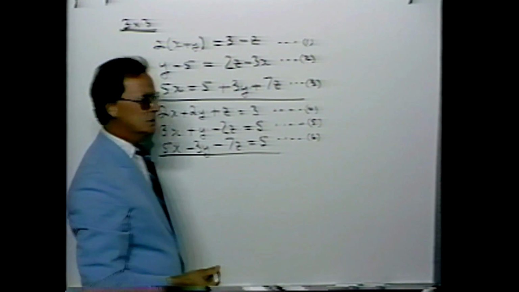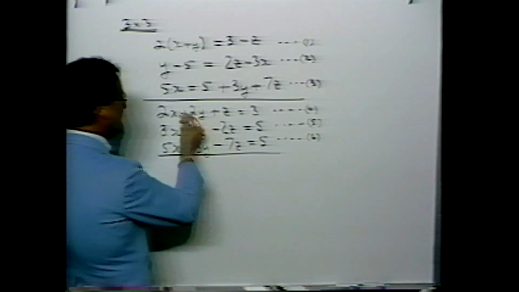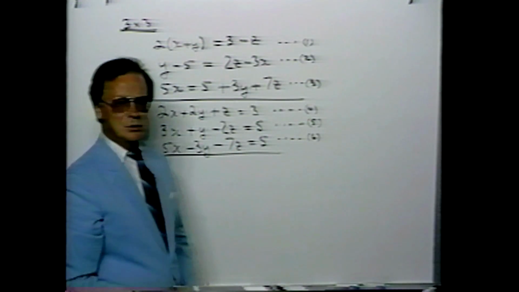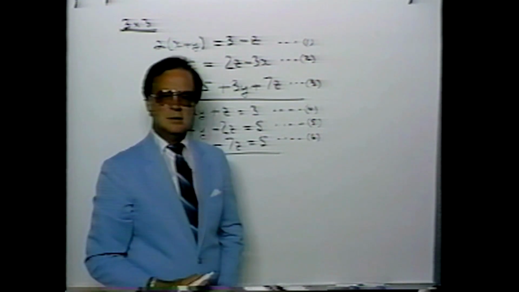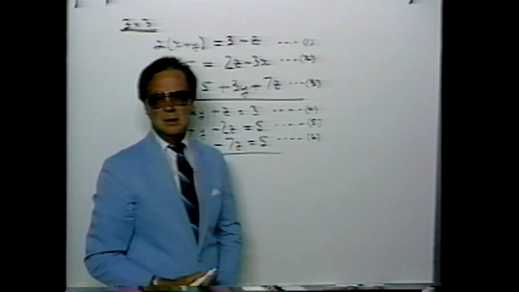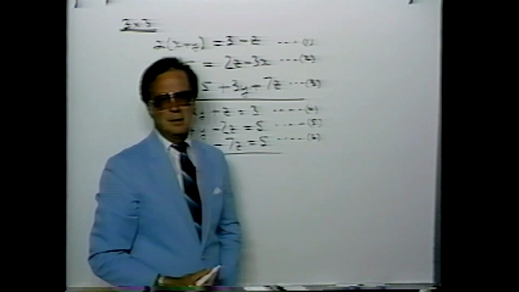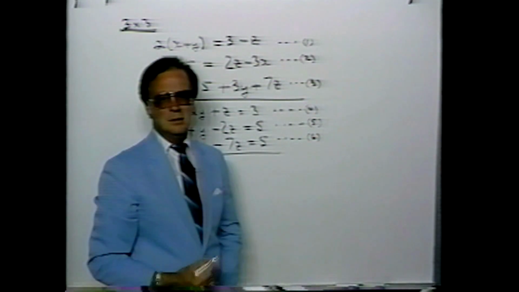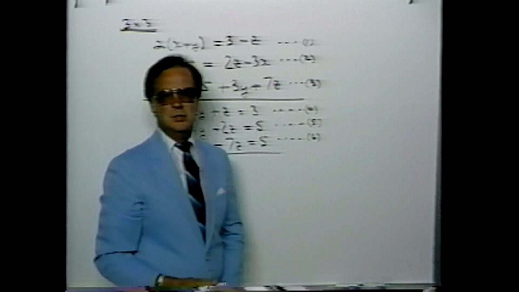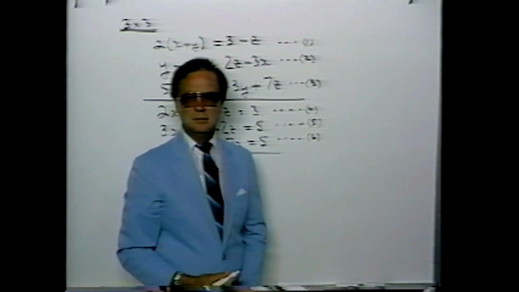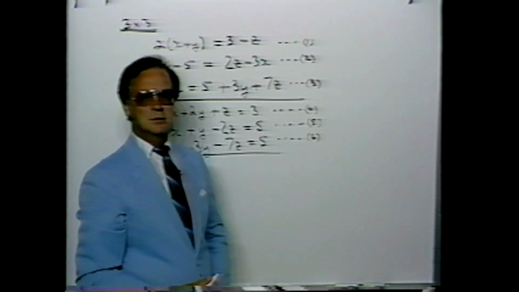We have another option, get rid of the z variable, and we'll end up with 2 equations and 2 unknowns involving only x and y. At this stage, we want to approach the solution in a manner that's the best for us, the most efficient way of achieving our objectives.